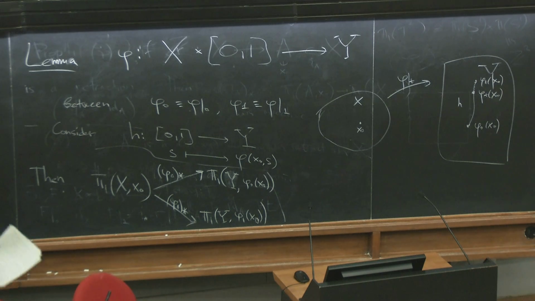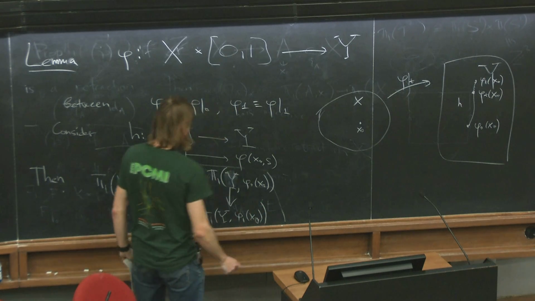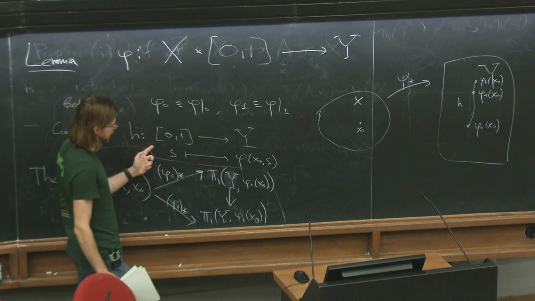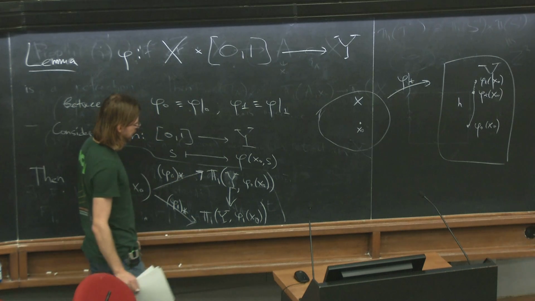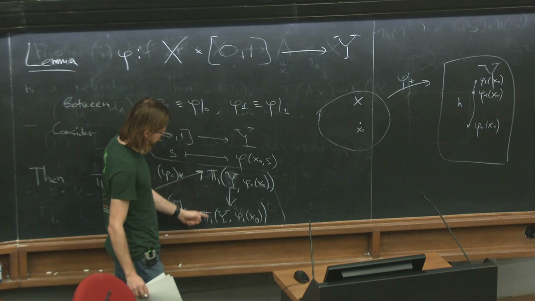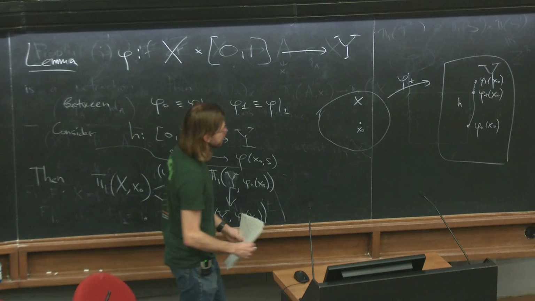You also can consider a third map. We know that if you have a path connecting two different base points, it induces an isomorphism between the fundamental groups associated to these two base points.